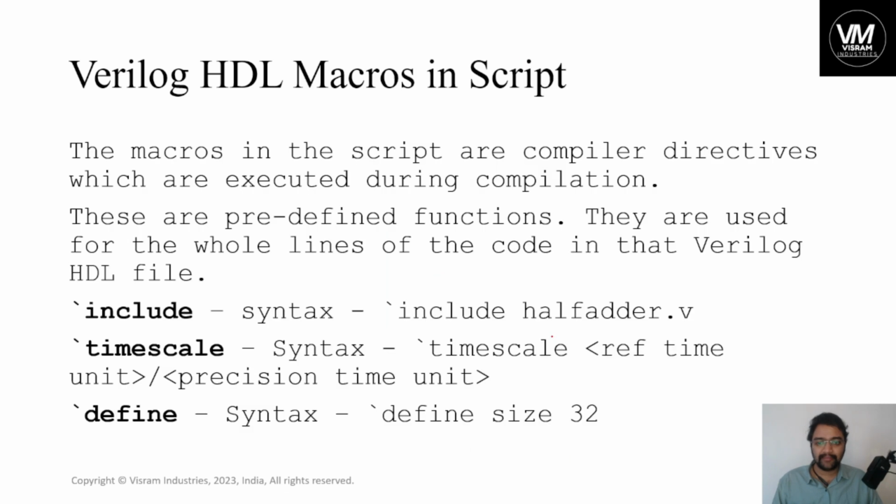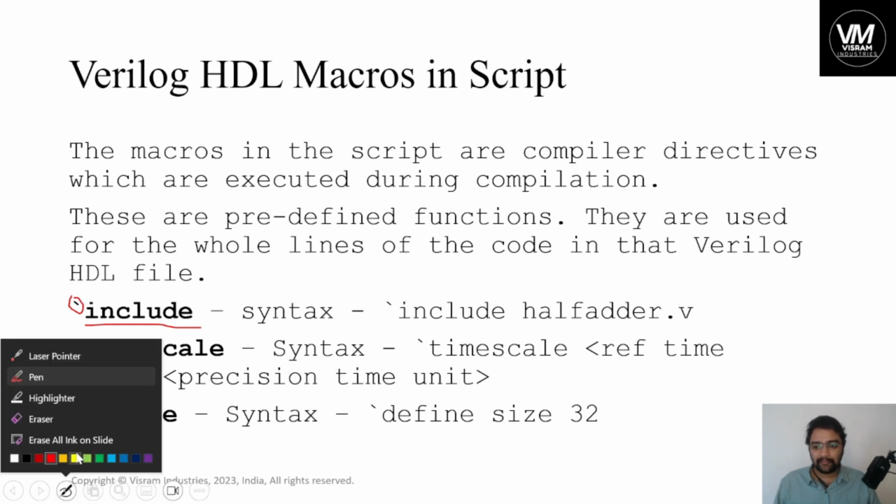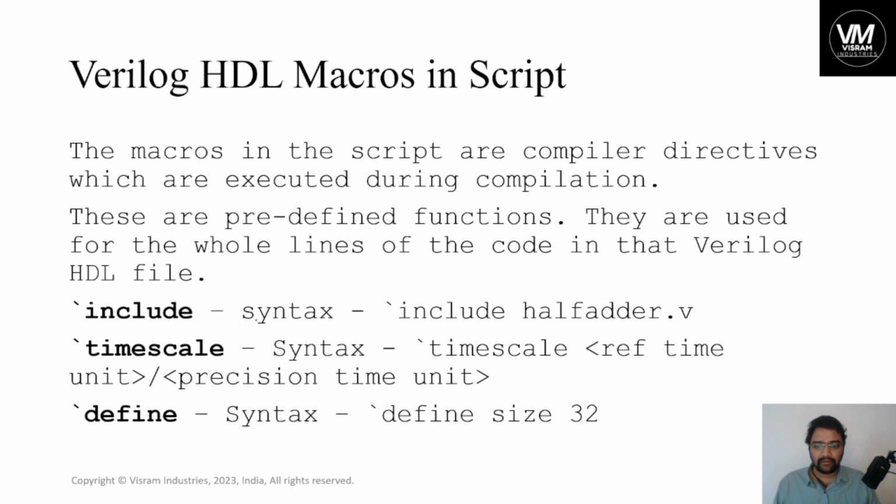Go through this again. Then, as we have discussed macros in the script, Verilog HDL has some specific functions to use for the entire program. For example, if we are writing tick include. Tick is the symbol above the tab on your keyboard. Just check it there. Tick include syntax and tick include half adder dot v.